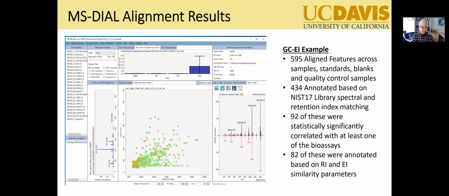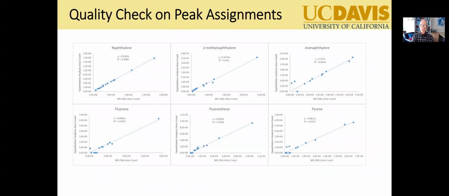And so what we then do is we take the abundance of all these different aligned features and we look for how they're connected to bioassay responses. Before I go there, though, I want to just show you one of the quality control things we do with this GC-EI data. So we have a number of polycyclic aromatic hydrocarbons as target compounds in this analysis.